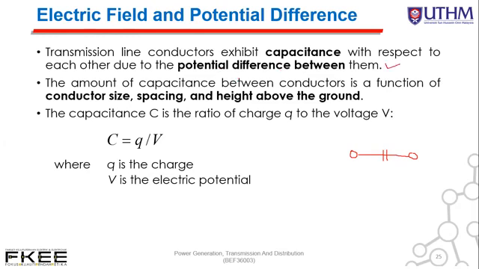The amount of capacitance between conductors is a function of conductor size, spacing, and height above the ground, while the capacitance C is the ratio of charge Q to the voltage V. This is the formula to calculate the capacitance, Q divided by V, where Q is the charge and V is the electric potential.